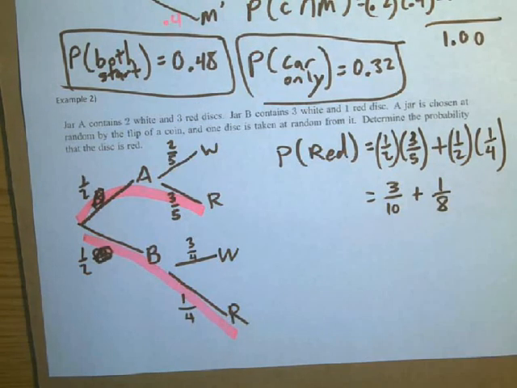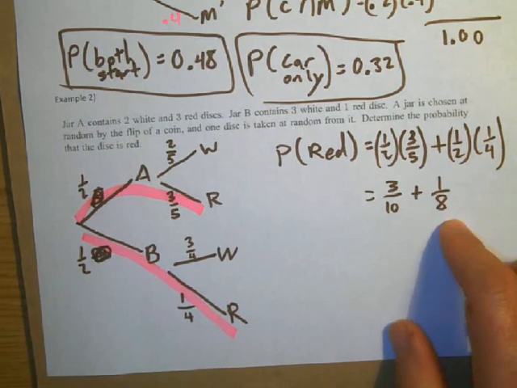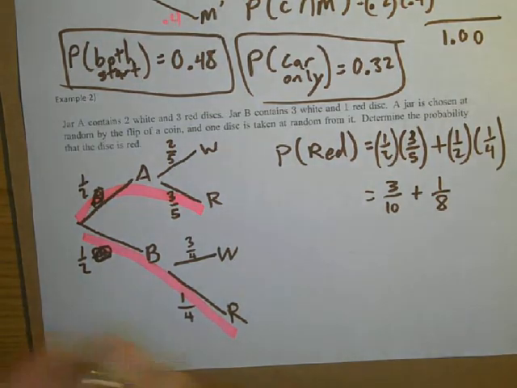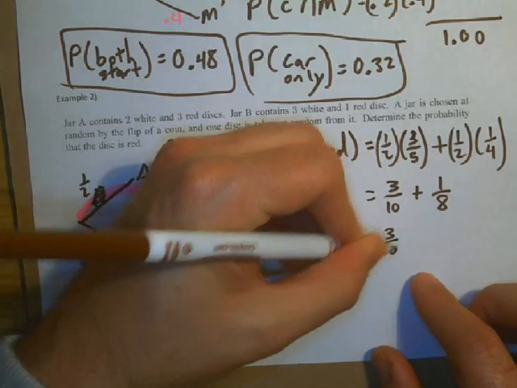Well, we need a common denominator, don't we? So what are we going to do? We could multiply this one by something.